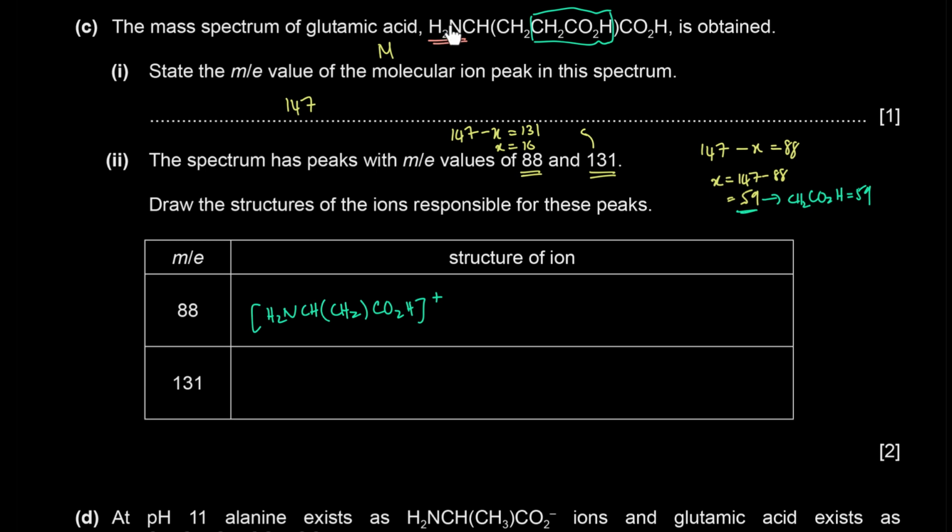Nitrogen has a mass of 14 and 2 hydrogens are 16. So if the NH2 breaks off, you're left with this entire thing over here. What you're left with is a CH, the NH2 is broken off, then you have a CH2, CH2, CO2H, and then you have a CO2H. And this is a 1 plus ion again.